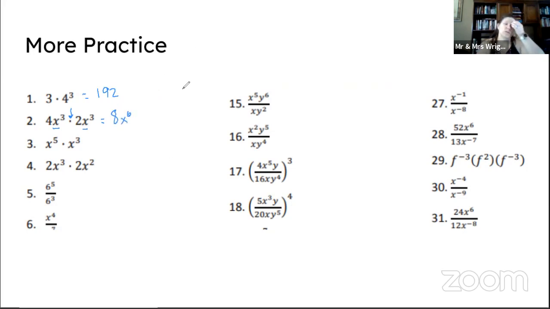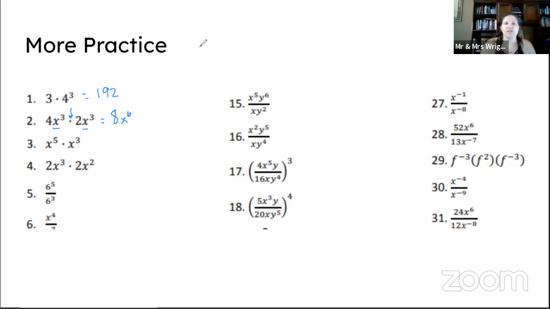Now, why does this work? Well, this is because we don't have to worry about order with multiplication. So this works with multiplication. It doesn't necessarily work with adding, because you have to have like terms in order to combine coefficients when you're adding.